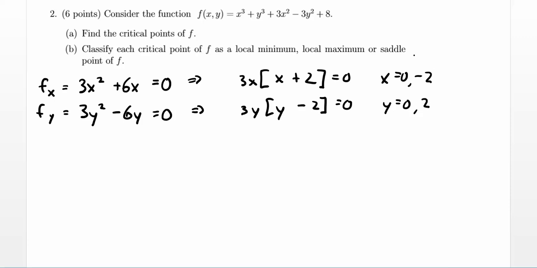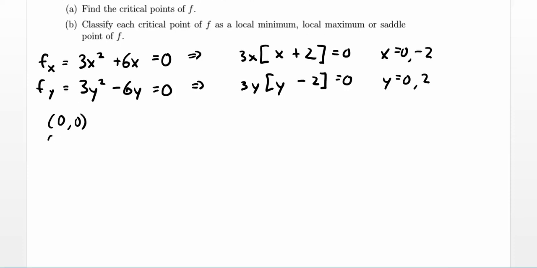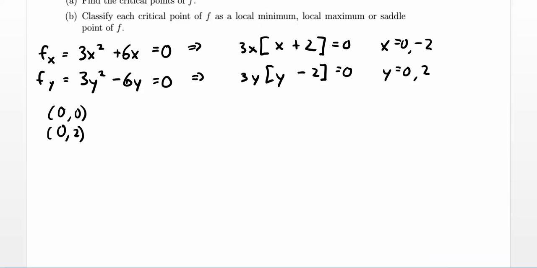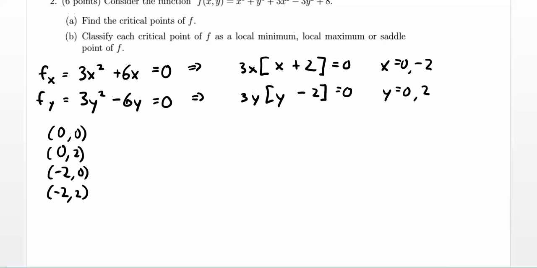This gives us 4 critical points. We have 0, 0; 0, 2; negative 2, 0; and negative 2, positive 2. These are our 4 critical points. That's part A.